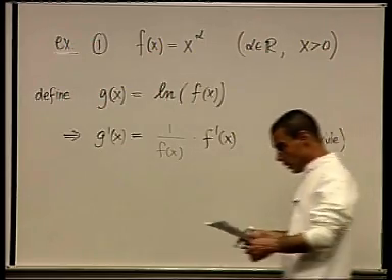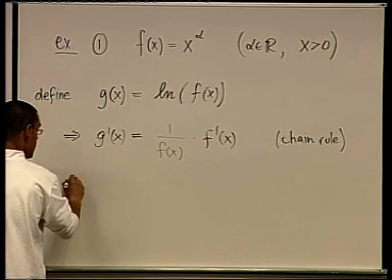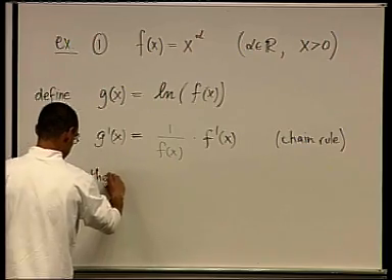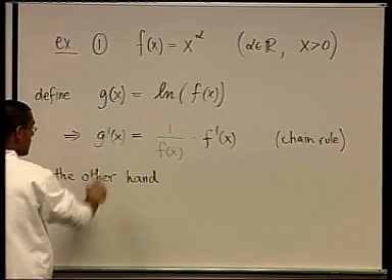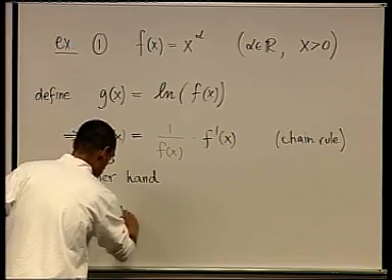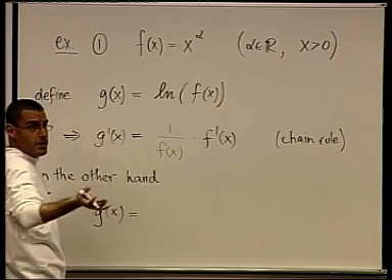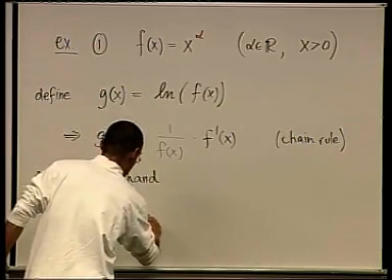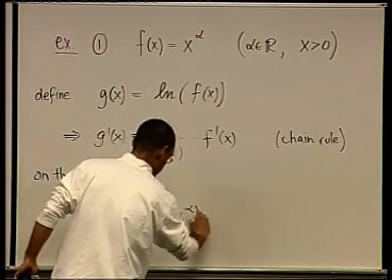Okay, now let's do the same thing. On the other hand, I can take the derivative of g in another way, because what is g? G is ln of f of x, but f of x is not something mysterious. F of x is this function. So g of x is ln of x to the power alpha.